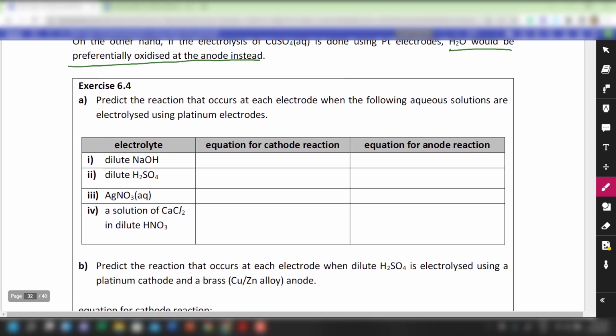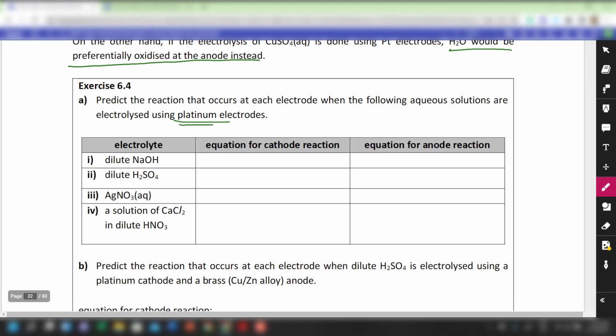Now we have exercise 6.4. Predict the reaction that occurs at each electrode when the following aqueous solutions are electrolyzed using platinum electrodes. Do take note, platinum electrodes. First, dilute sodium hydroxide. Again, same story.